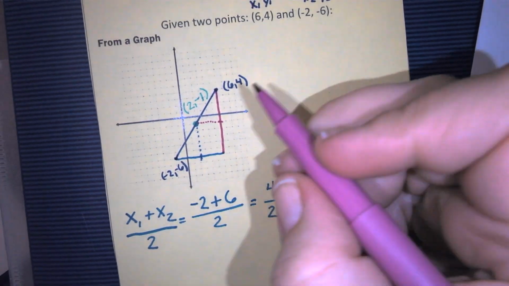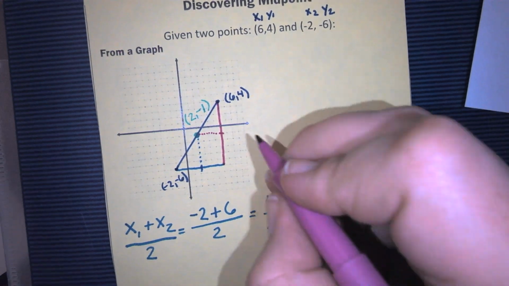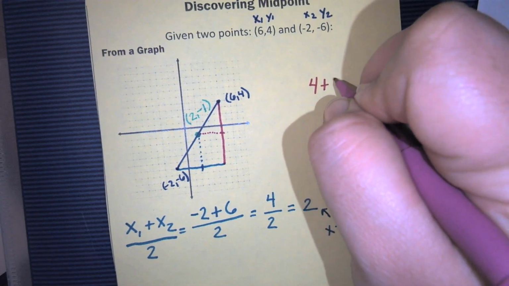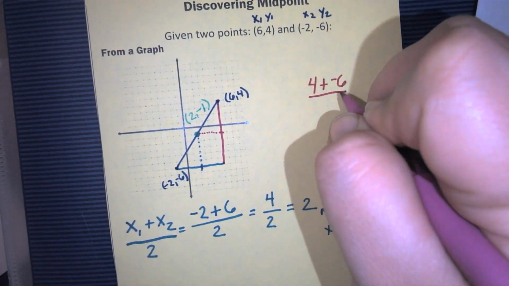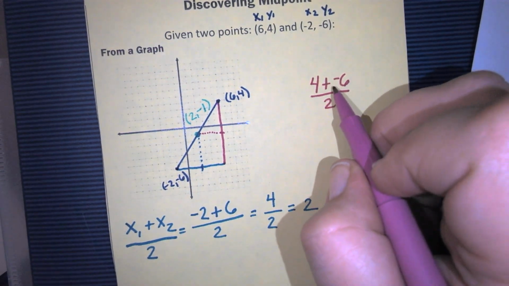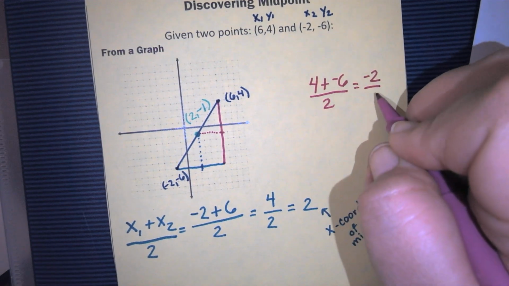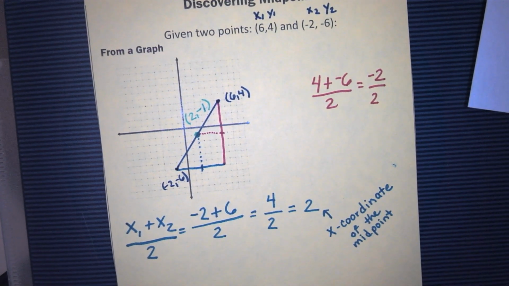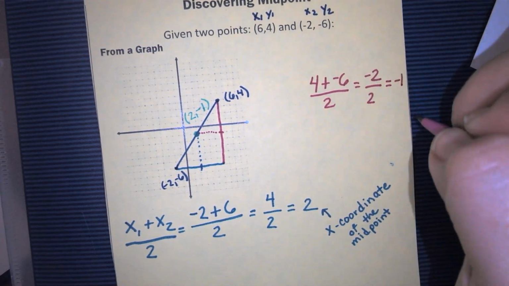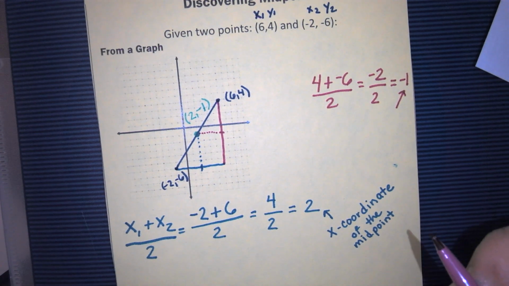I'm going to look at the y values that we have here, 4 and negative 6. If I add them up and divide by 2, do I get this y coordinate we have over here? Well, 4 plus negative 6 is negative 2. Negative 2 divided by positive 2 is negative 1. So this is our y coordinate of our midpoint.